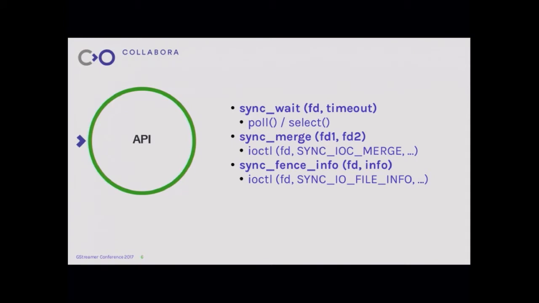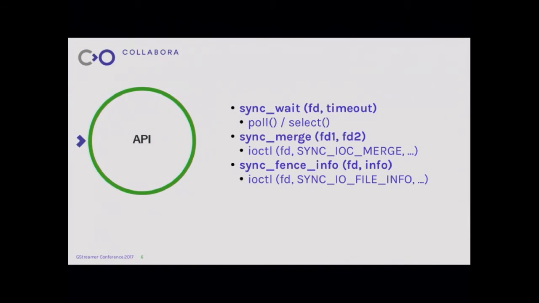If you want, you can merge two or more. You just need to call this function successively in order to obtain what we call a sync file. And this is a new FD, yet a new file descriptor, which will track multiple file descriptors. And you can always do sync fence info, and I'm missing one which is recent, so it was not in my slide, which I think is sync fence file info.